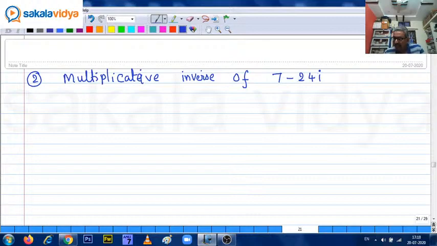Mohana Krishna, Ramya, Akhil, right, only 1, 2, 3, 4, 5, 6, 7, 8, 9. It's not Eamcet, it's Eamcet only. Both Eamcet and Eamcet, both are same chapter, common chapter I have started.